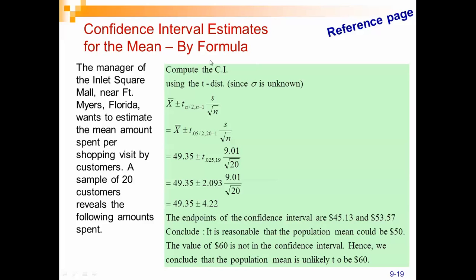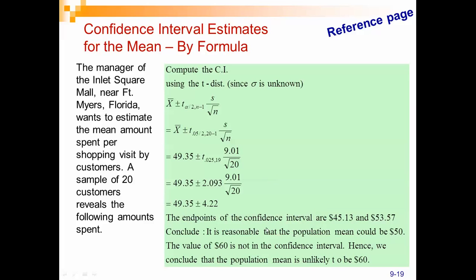And if we use the formula, we'll come out with this confidence interval here. And again, this is using the t-distribution because we only have 20 customers. If we had 40 customers, what distribution would we use? Yes, we could use the z-distribution.